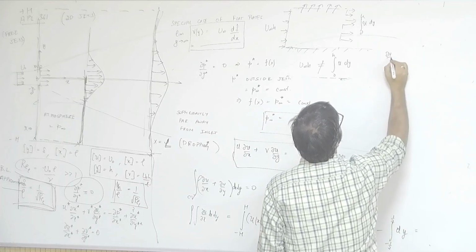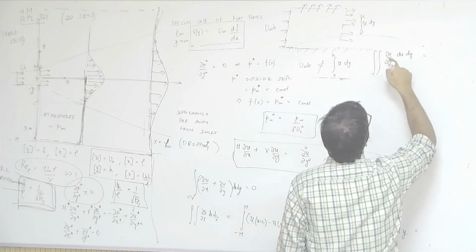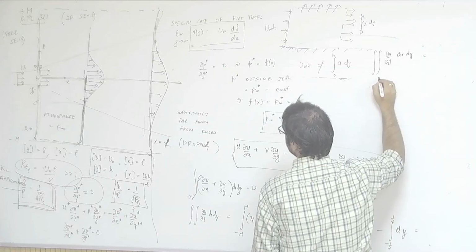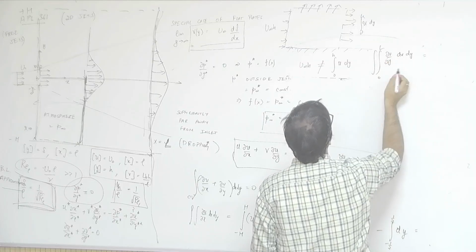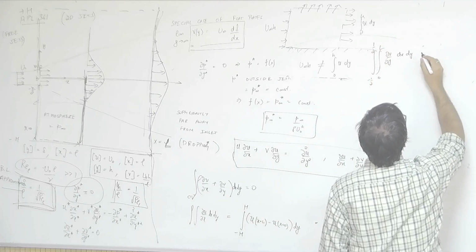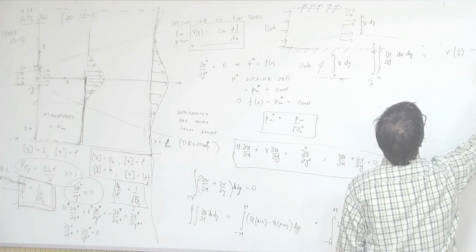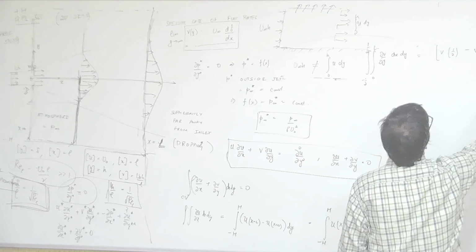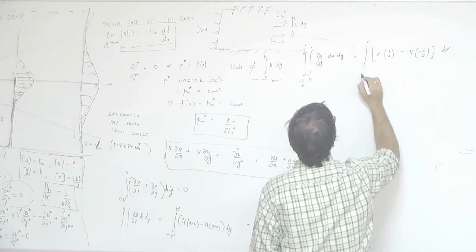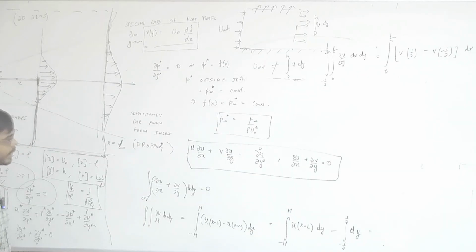So del v by del y dx dy. Again, for x we have 0 to L, for y we have minus half to plus half. So we have v at half minus v at minus half, this being integrated over dx.